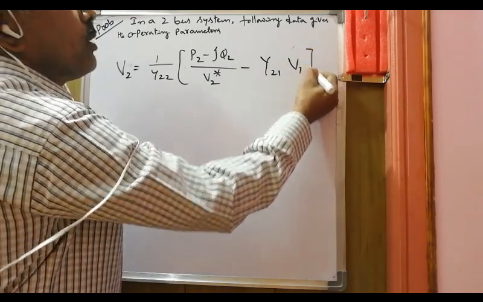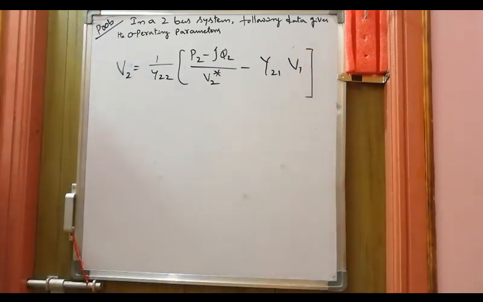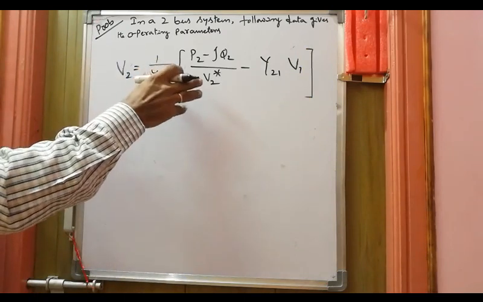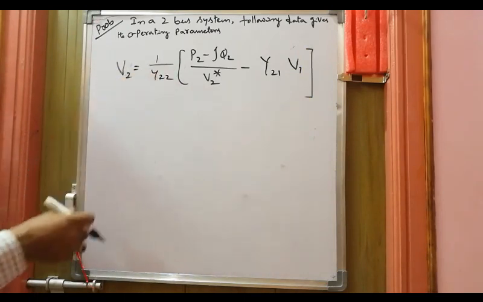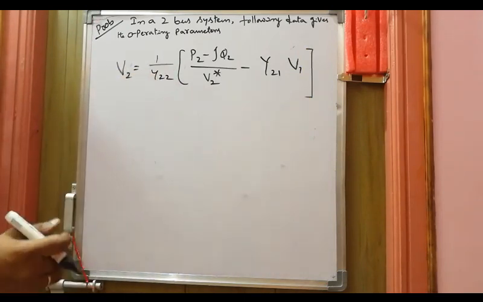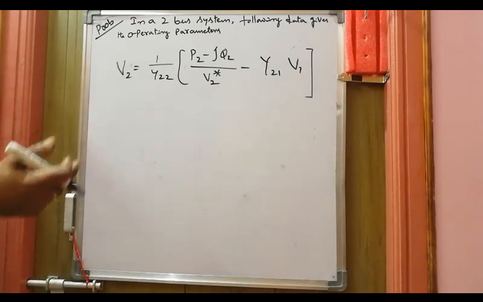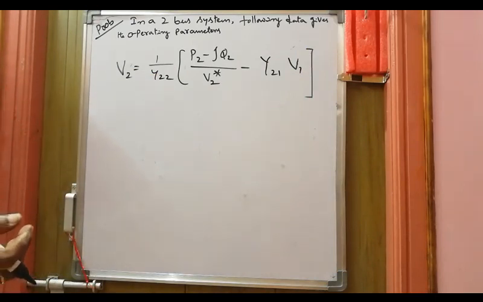Y22 V2 is not to be there. Okay, so this is the updated voltage expression for V2. V2 is 1 by Y22 times (P2 minus JQ2 by V2 conjugate minus Y21 V1).